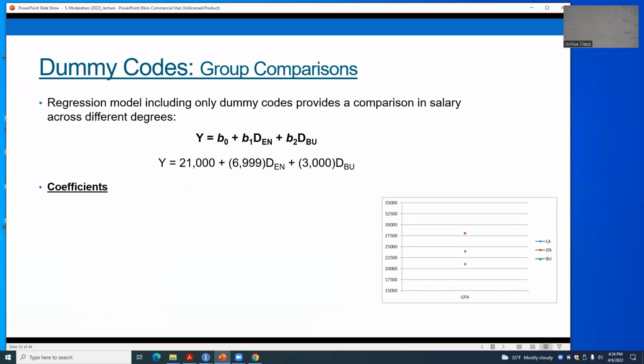And what this is going to do, if I go through and take a look at this, my intercept, this is my mean salary for liberal arts. Why is that true? Right?